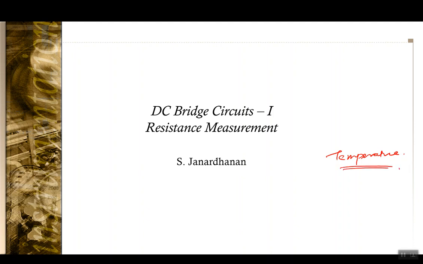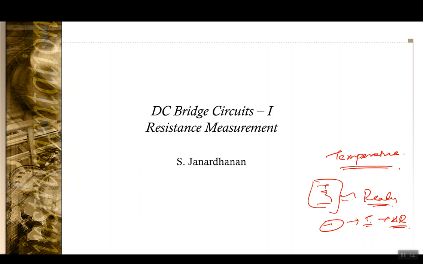So as the temperature changes, the internal resistance of the meters can change, and that can affect the reading. Basically you have some temperature dependence for the reading, and that may cause some error in the reading.